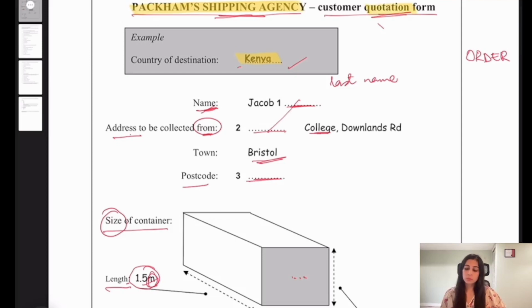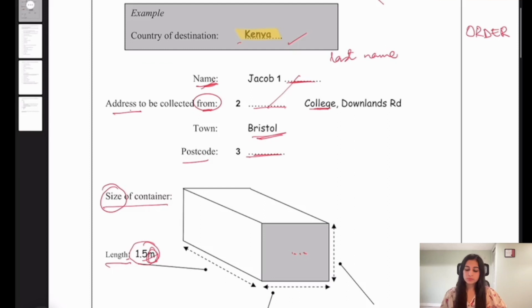Yes, that'd be great. Thank you. Well, first of all, I need a few details from you. Fine. Can I take your name? It's Jacob Mkere. Can you spell your surname, please? Yes, it's Mkere. Is that M for mother? Yes. Thank you. And you say that you will be sending the box to Kenya?